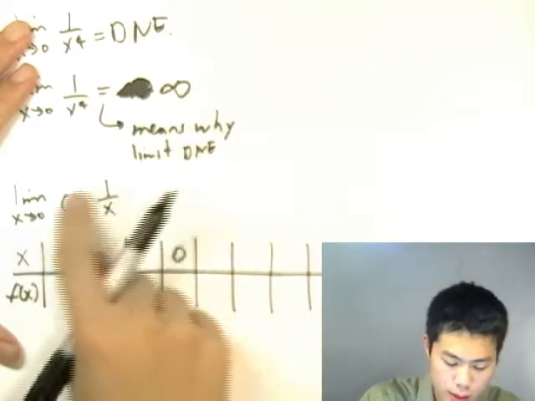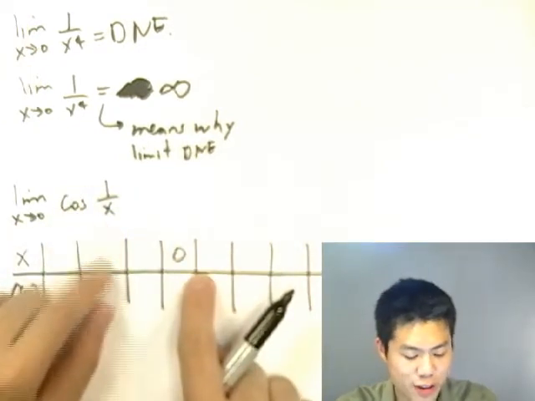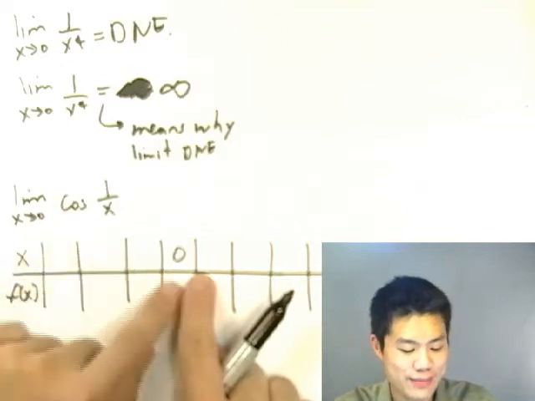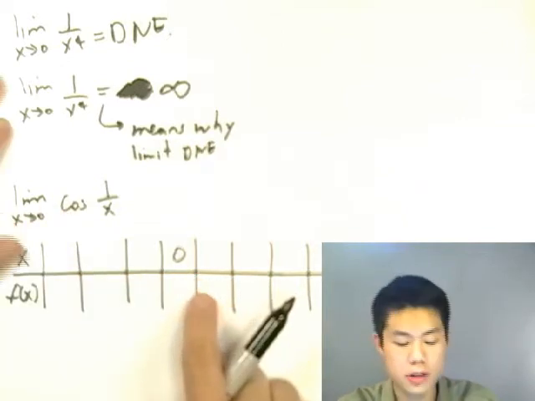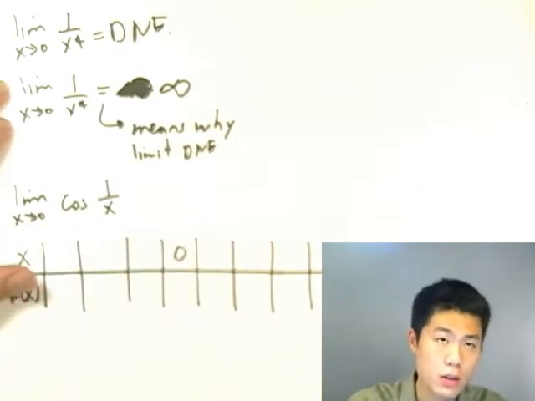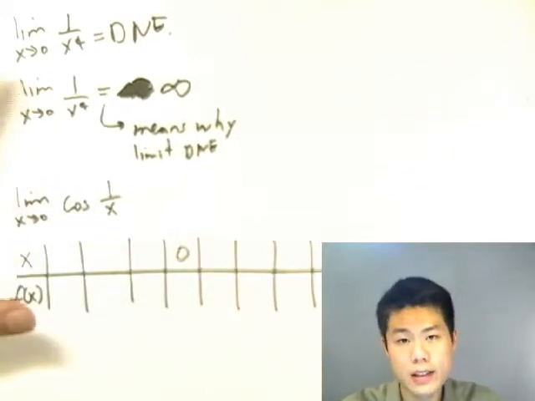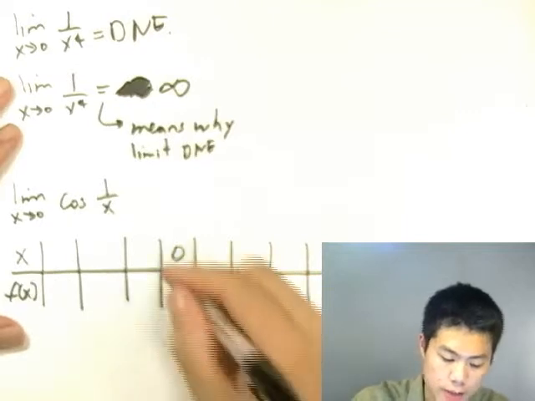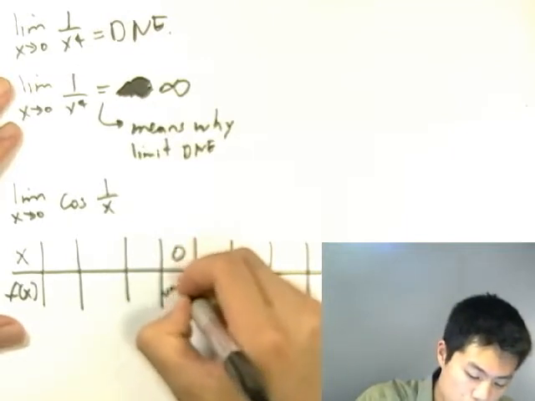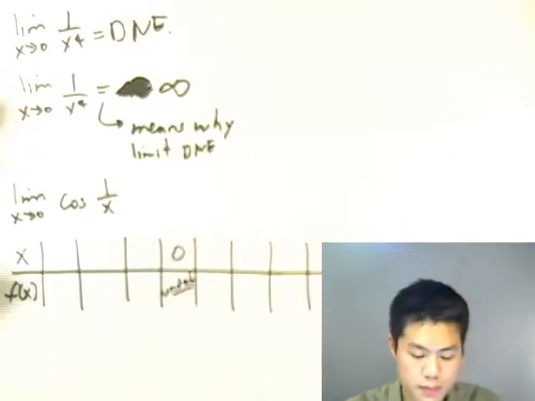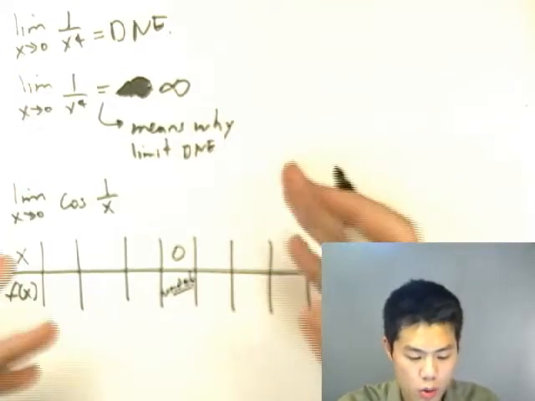Notice that this function is undefined at x equals 0 because cosine of 1 over 0 is undefined, and therefore cosine of something that's undefined is obviously undefined. So, undefined. So let's start with the right side.